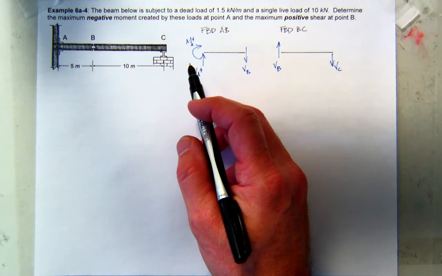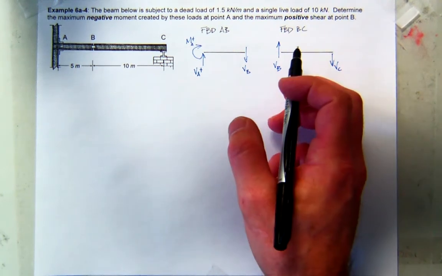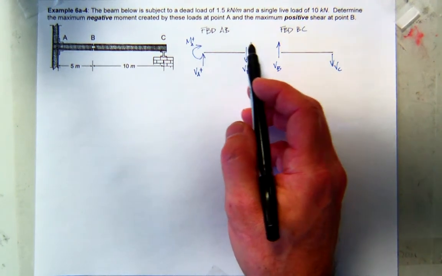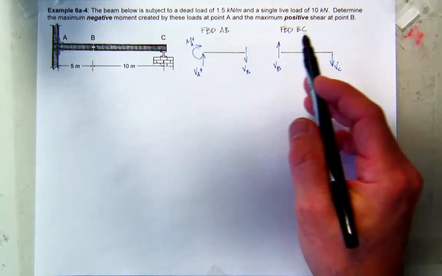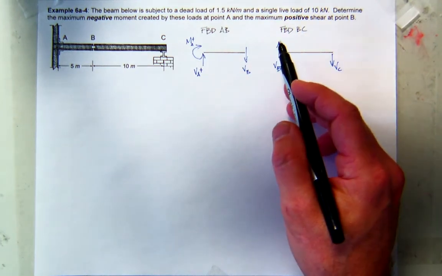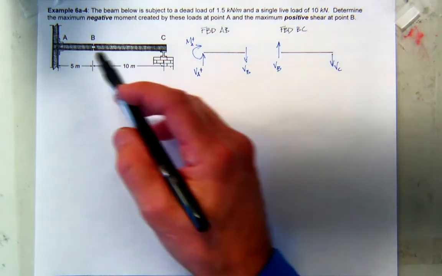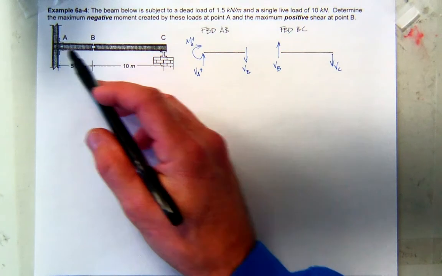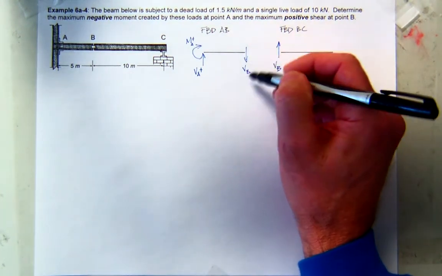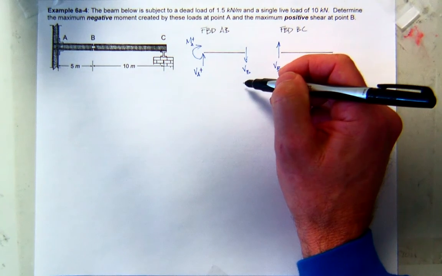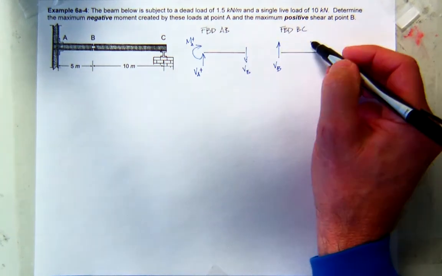So, we've got two cases to look at. We've got to worry about the unit load operating here, right? And then the unit load moving over past B and going here. Even though I'm finding the reaction at A, you can see that if I put the unit load in this position here, I don't know the shear at B yet. Right? And then when the unit load passes over here, I don't know the shear.